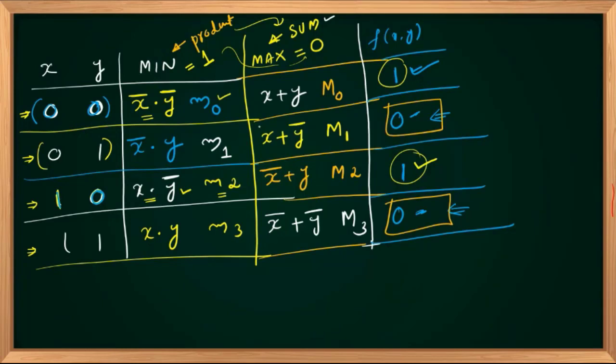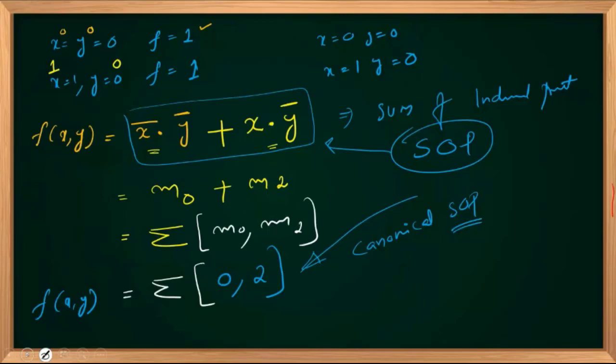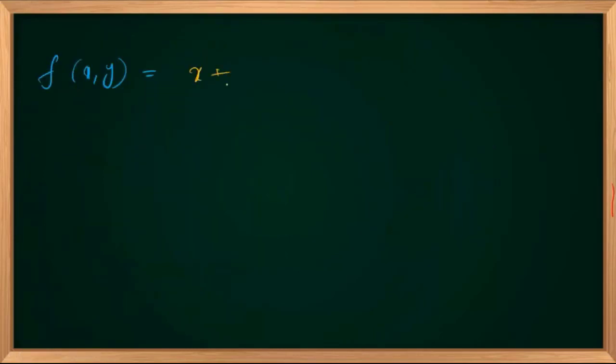Max terms are in the third column here. Max terms are this one and this one, right? So the same function can be represented using max terms also, right? Max terms imply function equal to 0 conditions. Max terms are x plus y bar, x plus y bar.